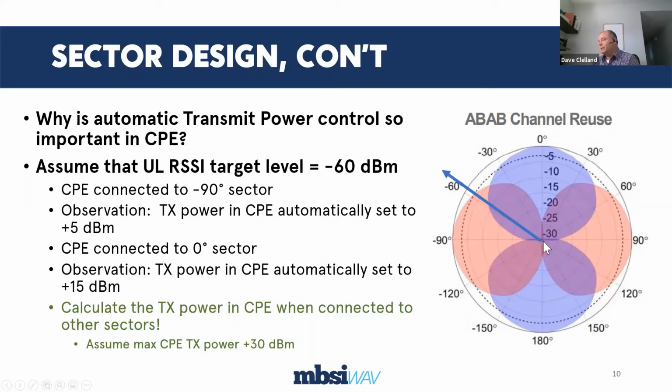The receiver would have a hard time decoding the data from these. It'll have a hard time adjusting itself to the energy coming from these various CPEs at various distances.